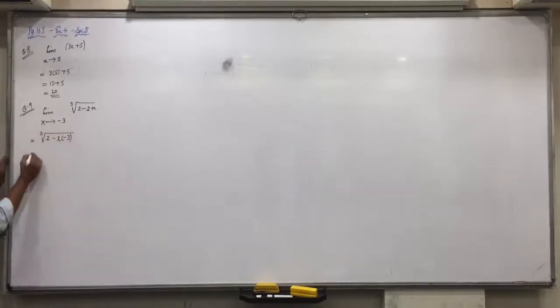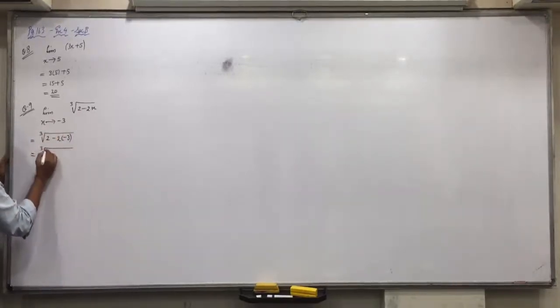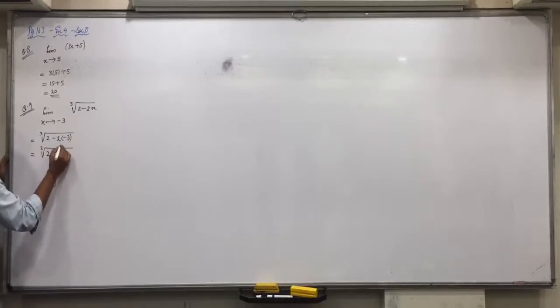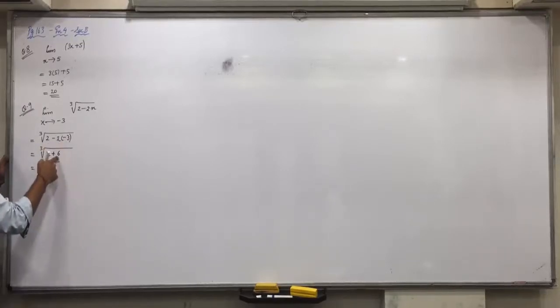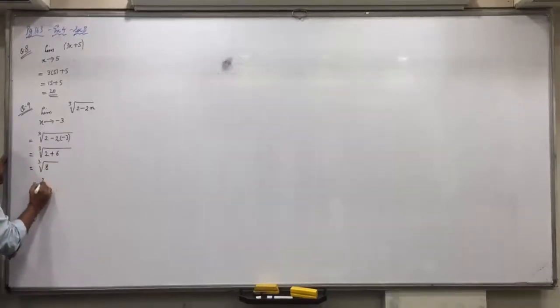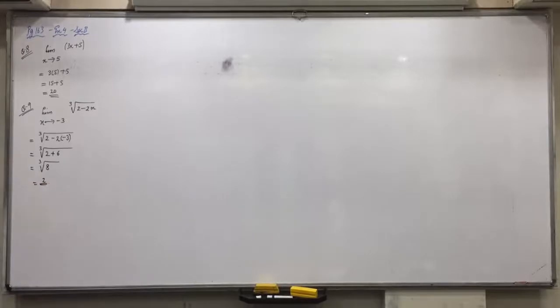Cube root of 2 minus 2 into minus 3 is plus 6. Okay, minus 2 into minus 3 becomes plus 6. Minus into minus becomes plus. Cube root of 8 is 2. Did everyone understand this?